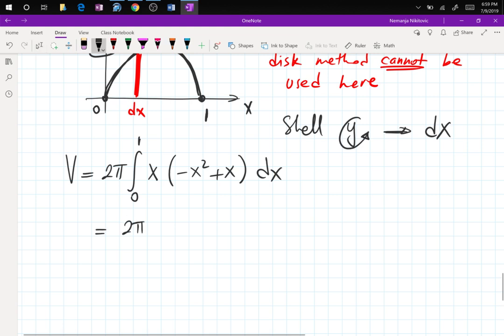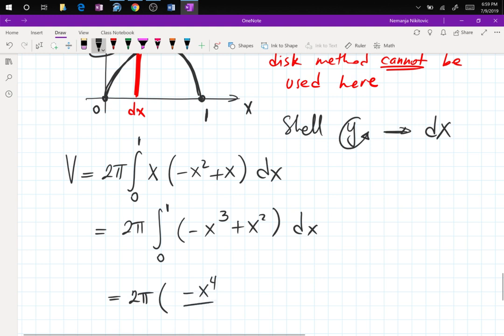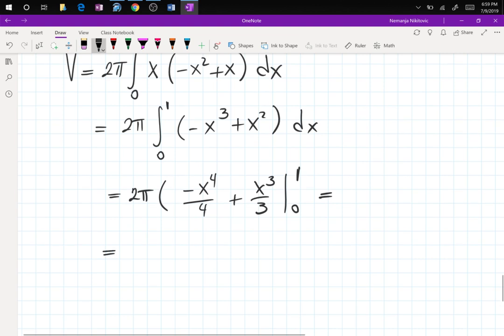So now it's easy peasy, right? 2 pi integral 0 to 1 of negative x cubed plus x squared dx, and this is equal to 2 pi, open parenthesis, negative x to the 4 over 4 plus x cubed over 3, computed from 0 to 1, and we don't have to worry about 0.